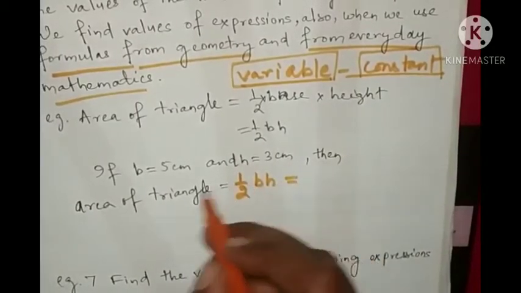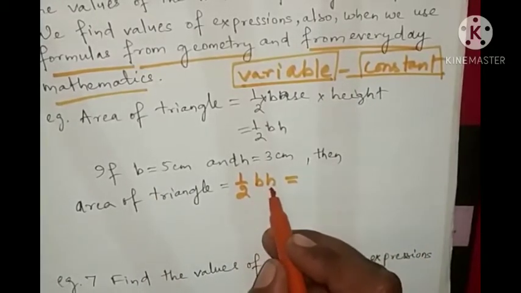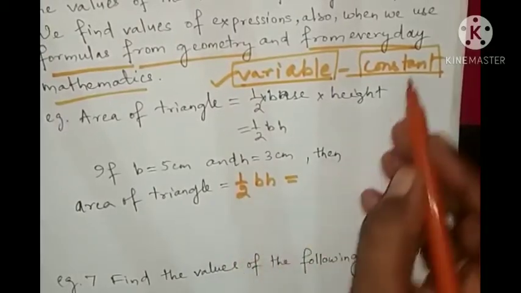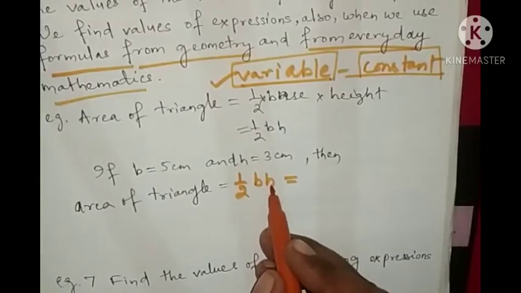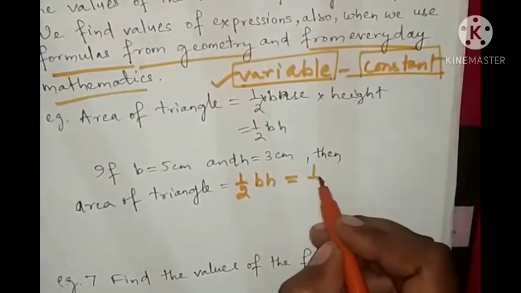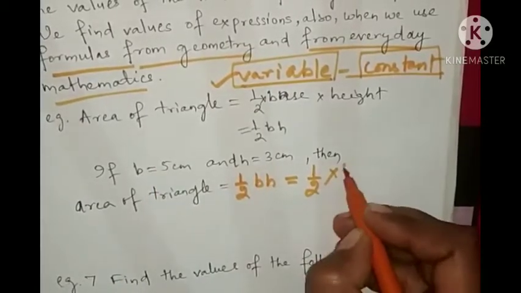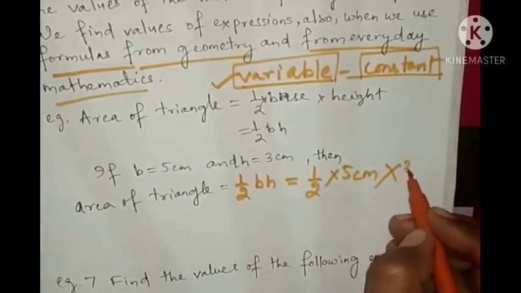We will put the B value and H value. B and H are variables, but half is a constant. Half cannot change, but B and H can be changed. So here we will put the values and write the constant the same: half into B, which is 5 centimeter, into H, which is 3 centimeter.